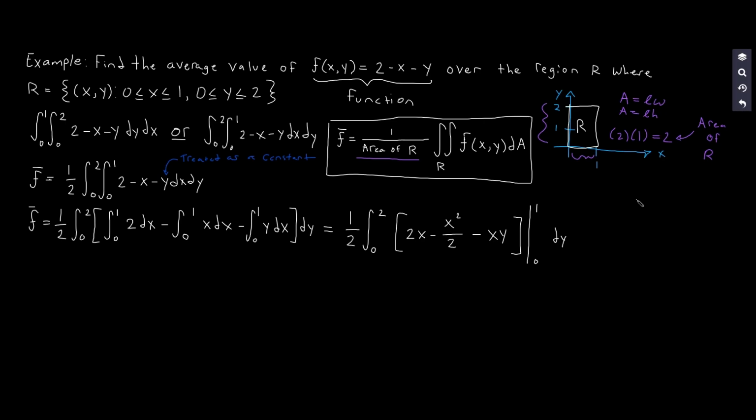I just realized something. Because this is a double integral, I should specify that this is x equals 1 and x equals 0. And so I'll evaluate this at its bounds, but not really, because I'm going to skip doing x equals 0, because we know that we're just going to end up with minus 0.